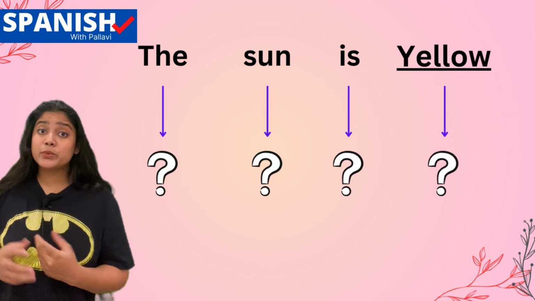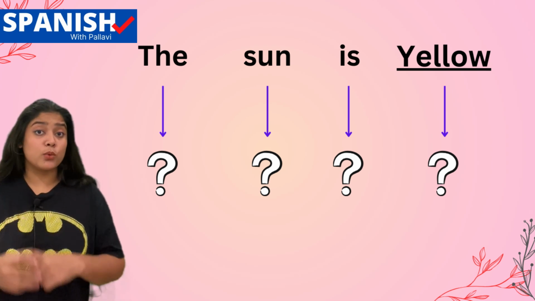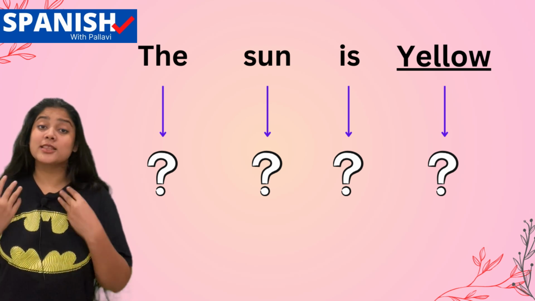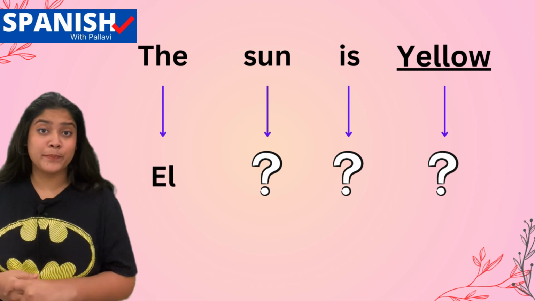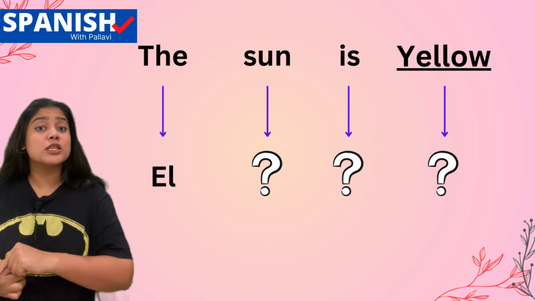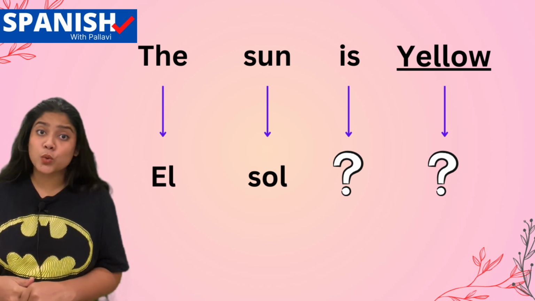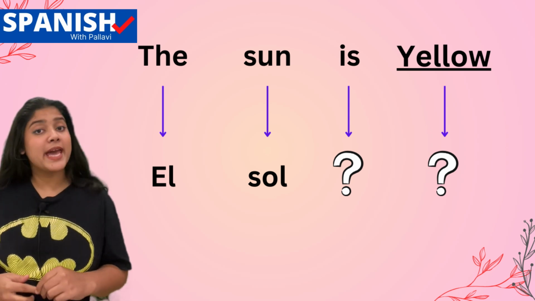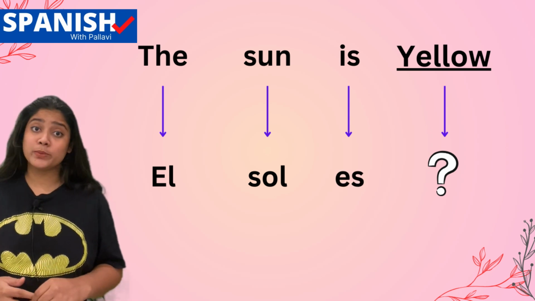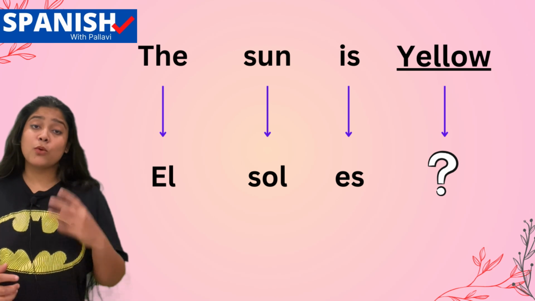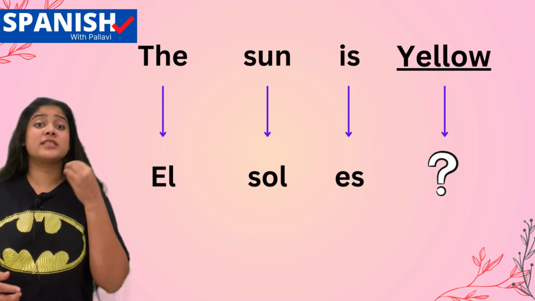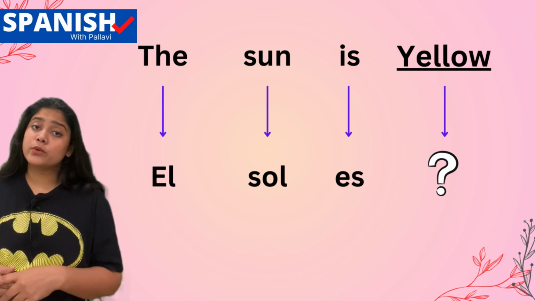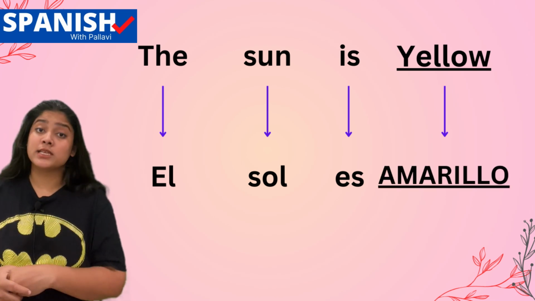So the example will be: the sun is yellow. How do you say that in Spanish? The will be el, sun will be sol. Sol. Is will be es, yellow will be... Obviously we are using el sol, that is masculino, so we are going to use amarillo.